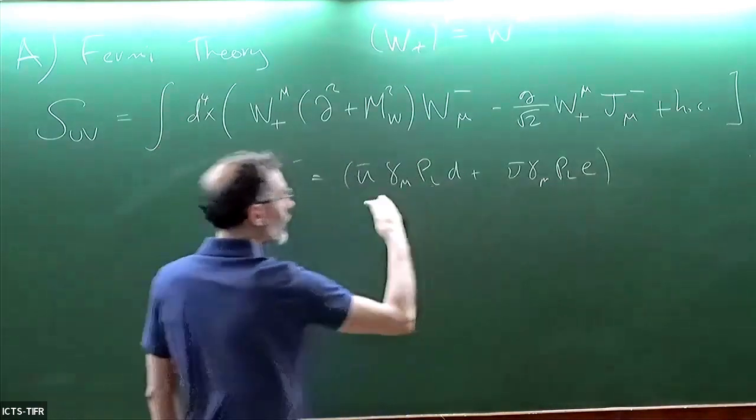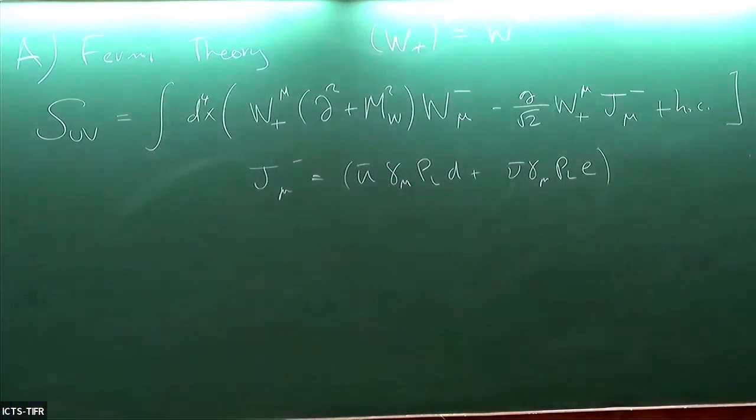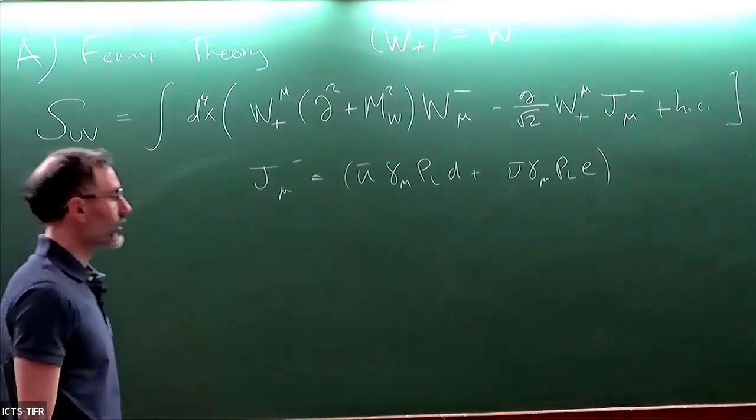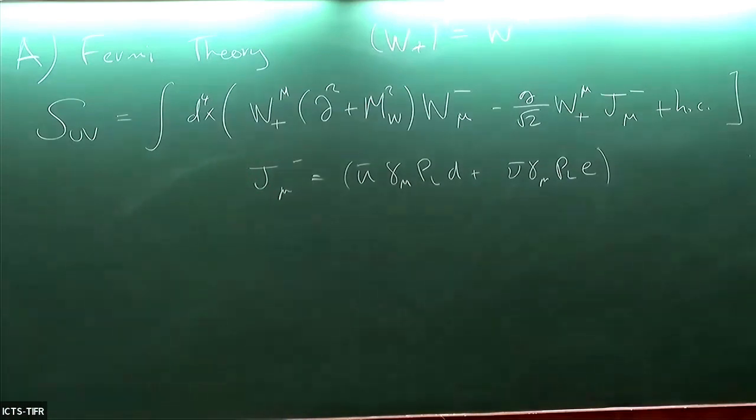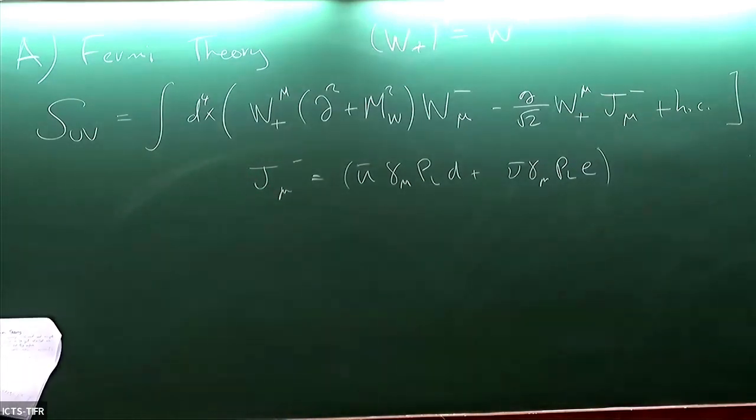Yeah, I hope you know a bit about Dirac matrices and P lefts and P rights. Those are the projectors with gamma 5s in them. But these are sort of the only fermions we'll be seeing in these lectures.